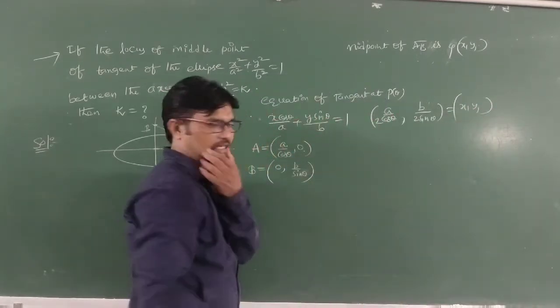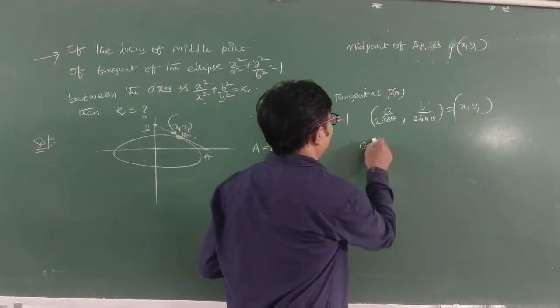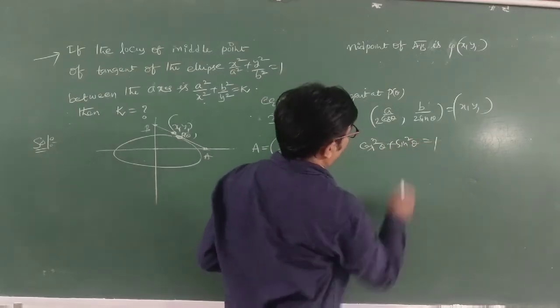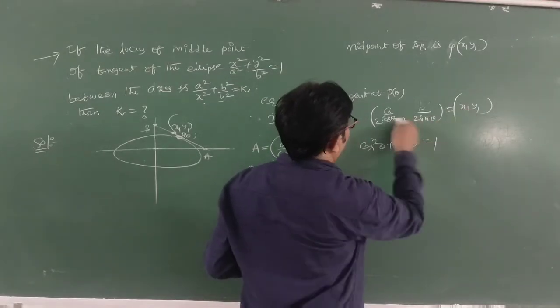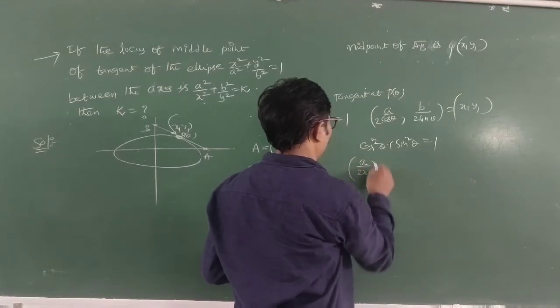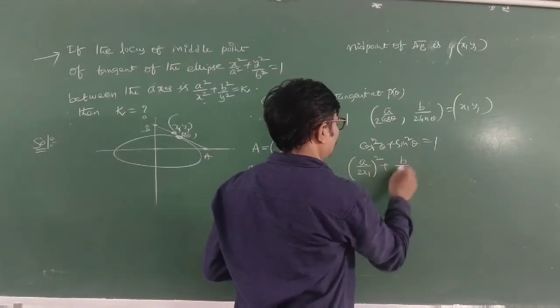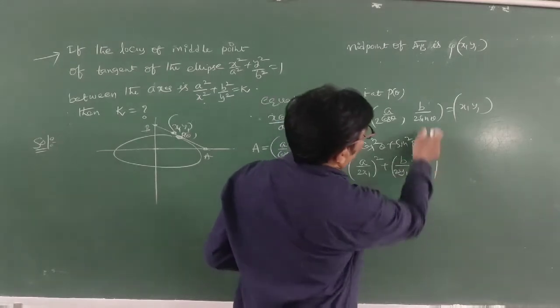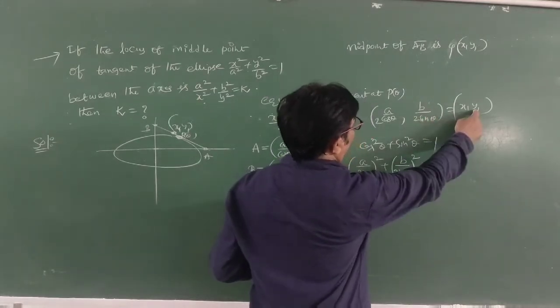So students, we know that cos square theta plus sin square theta equal to 1. Cos square theta is (a by 2x1) whole square. Similarly, (b by 2y1) whole square. So b by 2 sin theta equal to y1.